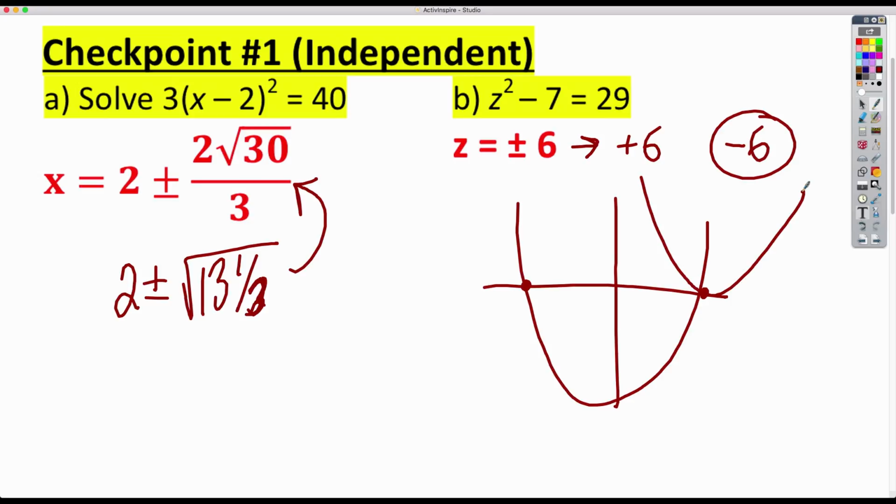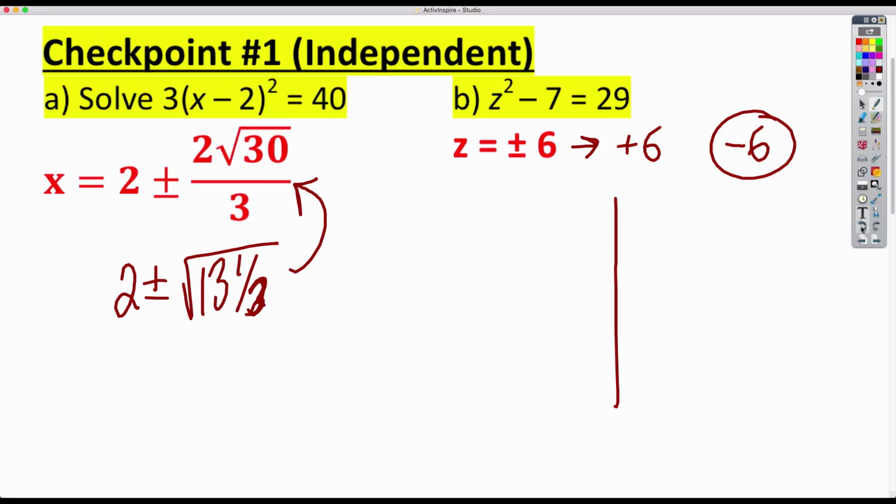So are there any comments, questions, concerns, observations, anything about part A or B? We'll start with Abigail, Jabari, and then Leah. I don't understand how you got 2 radical 30 over 3. Okay, what did you get? Well, I only reached up to x equals 2 plus or minus radical 120.